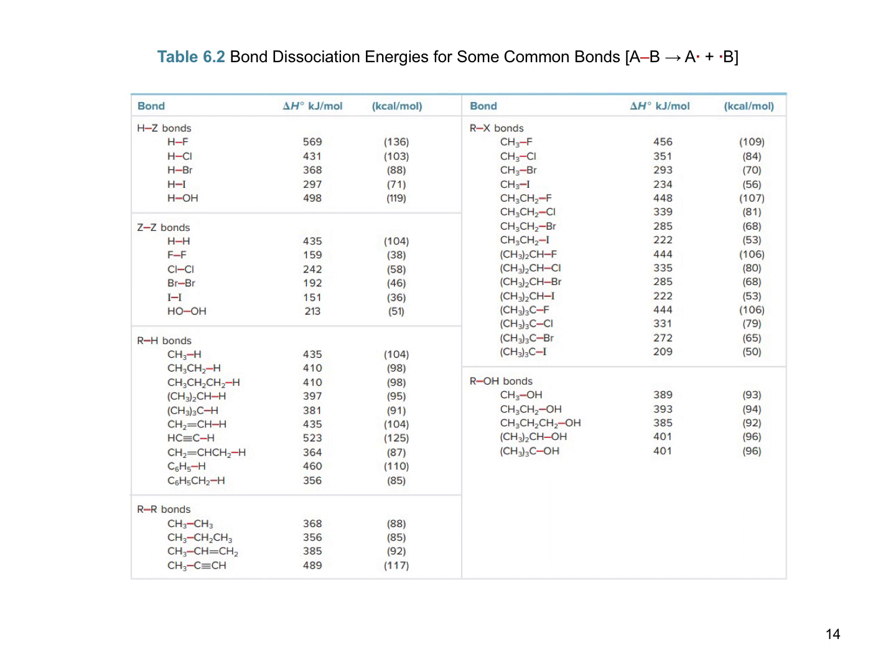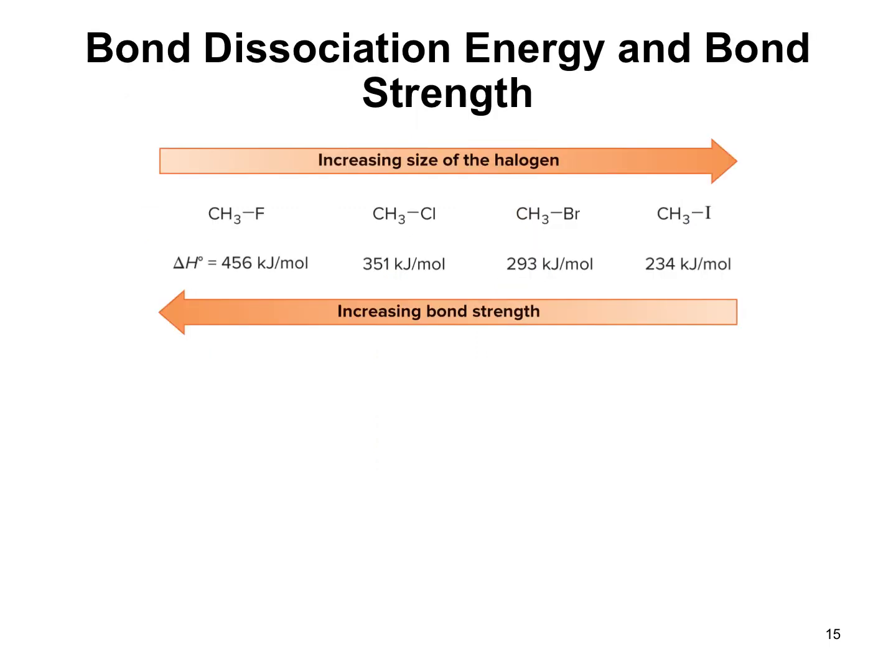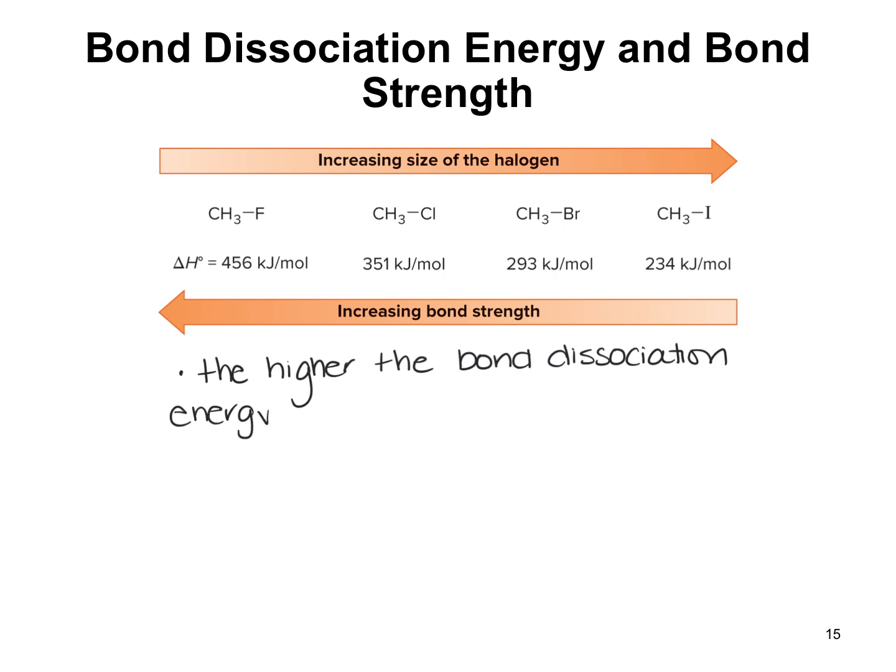Now, when we compare some bond dissociation energies, that is comparative to looking at bond strength, right? So what we see here is that the higher the bond dissociation energy, the stronger the bond, right?